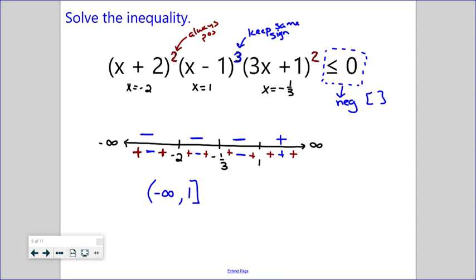And again, if we were to change this to just less than 0, I would have had to break at each of those places. So that answer set would have looked like negative infinity up to -2, break. -2 up to -1/3, break. -1/3 up to 1. So kind of seeing the difference in the two different signs there and how we can write our answers.